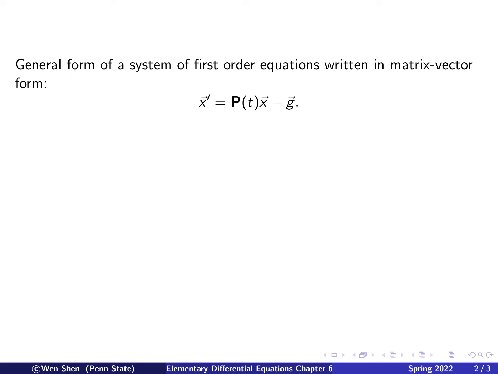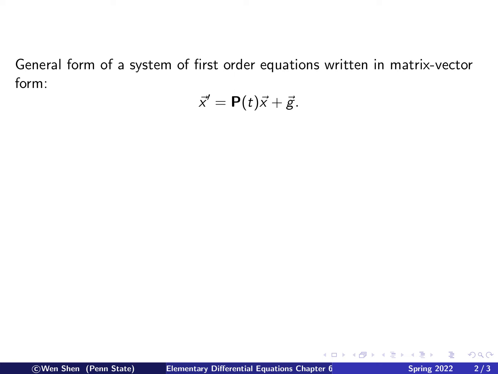So the general form of a system of first-order equations can be written in the matrix vector form as follows. Here, x is a vector, the unknown, and x prime is the derivative of the vector with respect to t, and P here is a matrix.